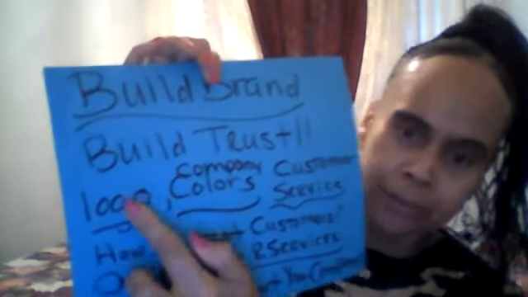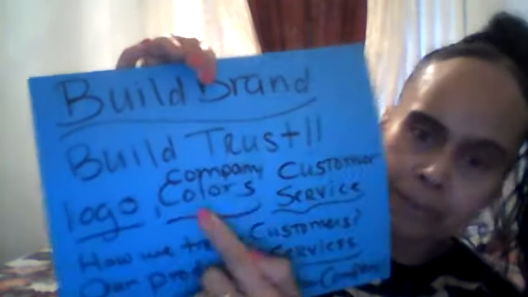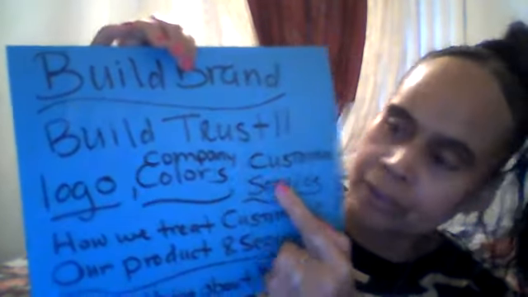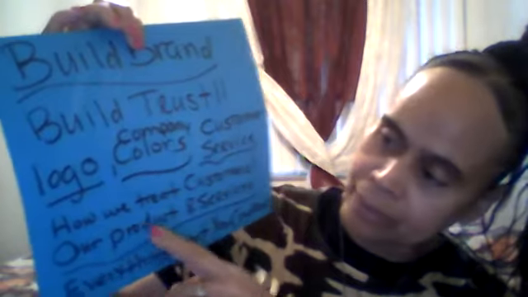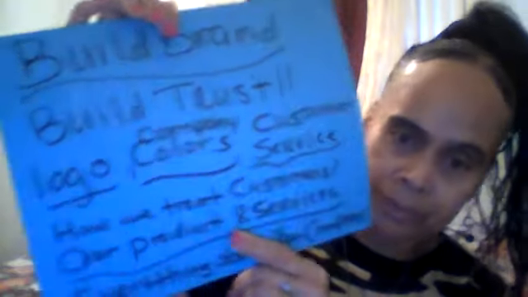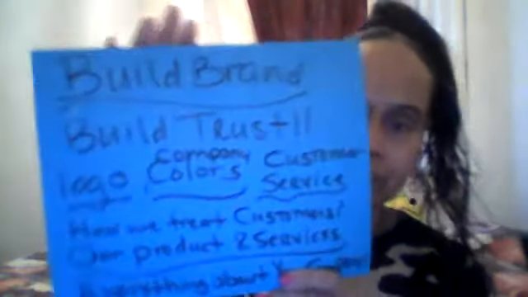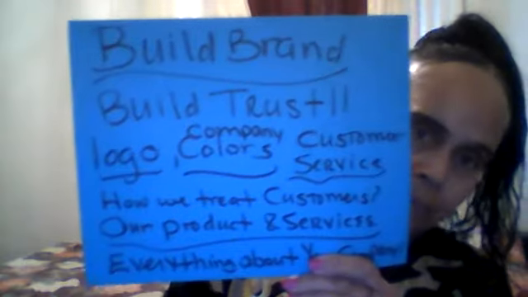My brand is my logo. My brand is my company colors. My brand is great customer service, and how we treat our customers, our products and services. Our brand is everything. Your logo, your company colors, how you treat your customers, and first and foremost, your product and your services.